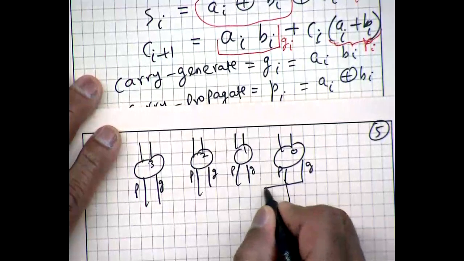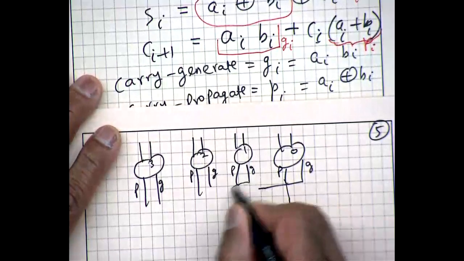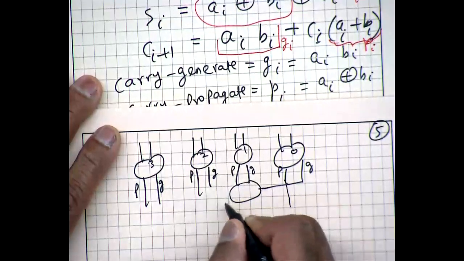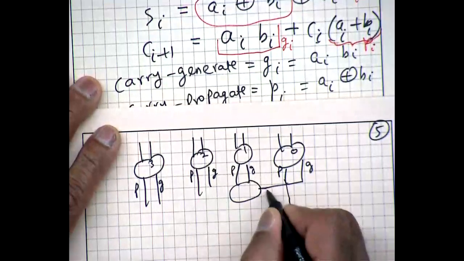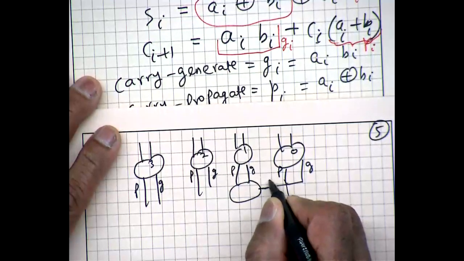Okay, so I generate carry. So from here I generate carry. So carry 1 is equal to G0.